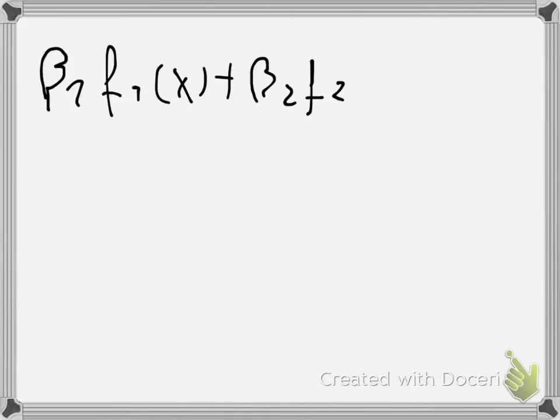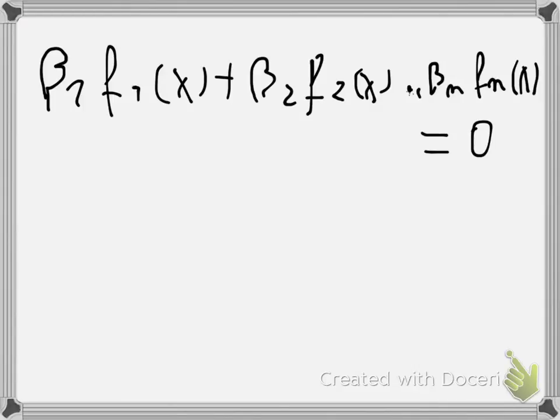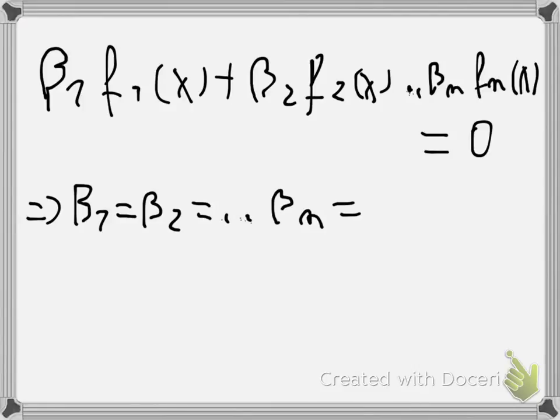So to show linear independence, you have to show that if you have some combination beta 1 of f1 of x plus beta 2 f2 of x until beta n fn of x, we need to set that equal to 0, and we need to show that beta 1 equals beta 2 equals until beta n, and that is equal to 0. So how do we do that?